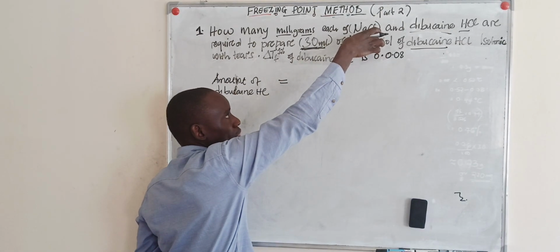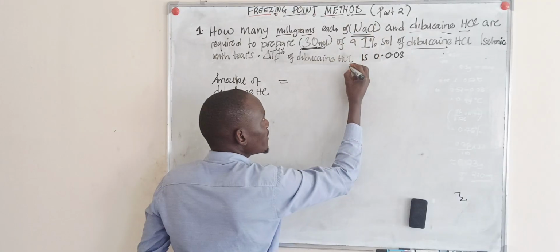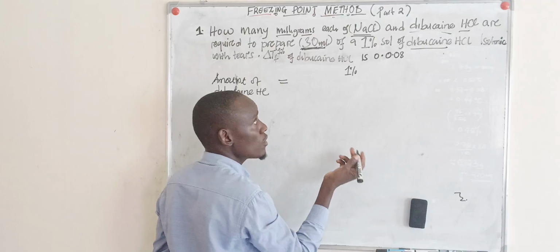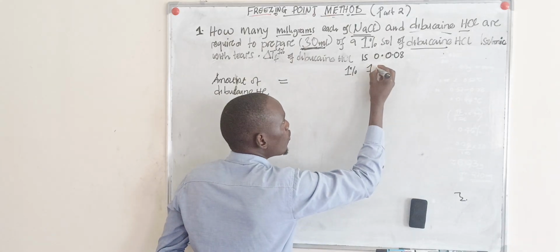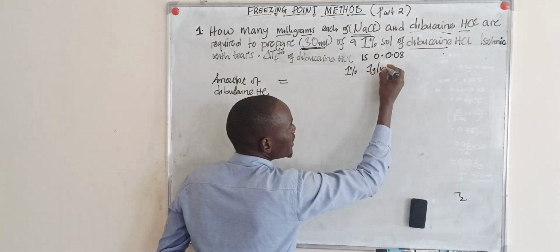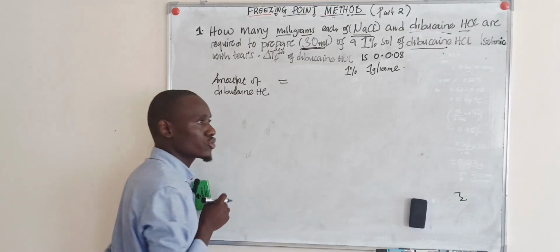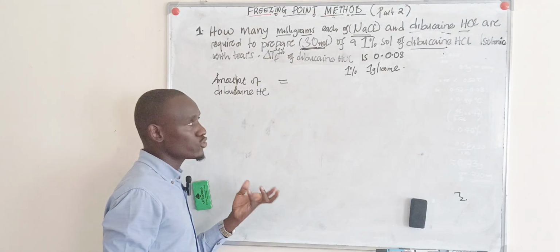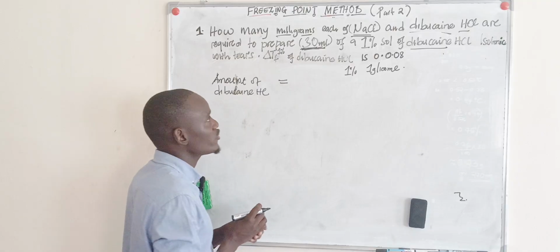But remember, we know that when they say 1%, from our knowledge of percentage strength or dilution, we mean 1 gram in 100 mils of the solution. You can decide either to do it from first principles or to use the shortcut. For me, I will use the shortcut.